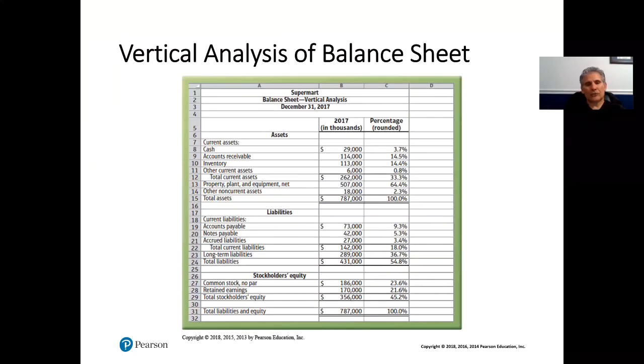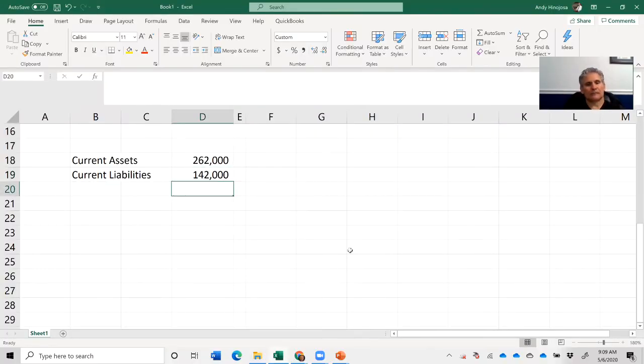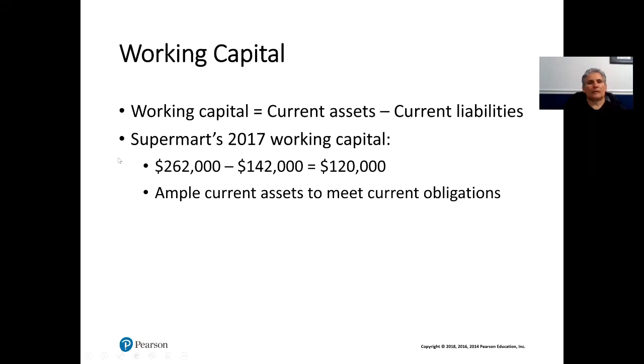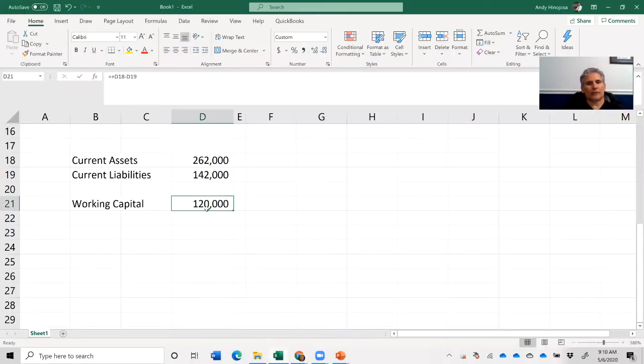We're going to compare that to current liabilities. Where do we find that? Total current liabilities, $142,000. We're going to take the difference between current assets and current liabilities. That becomes our working capital. $120,000.